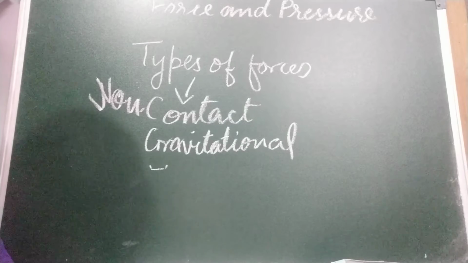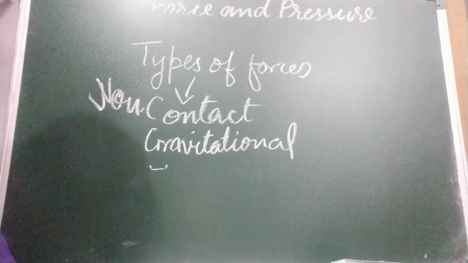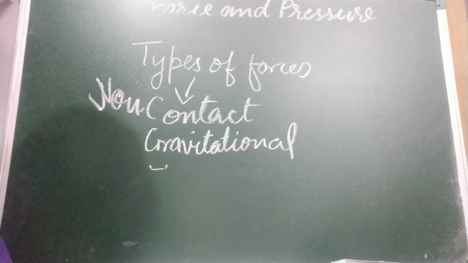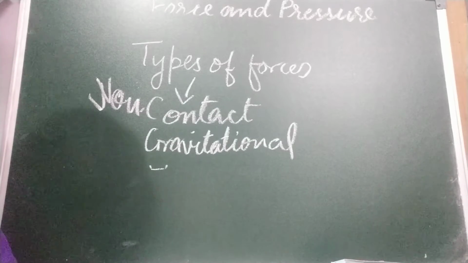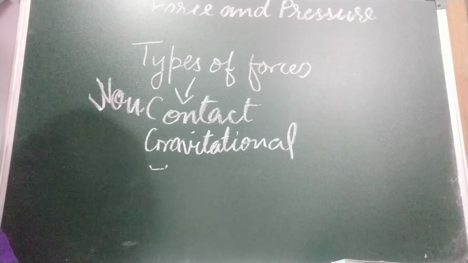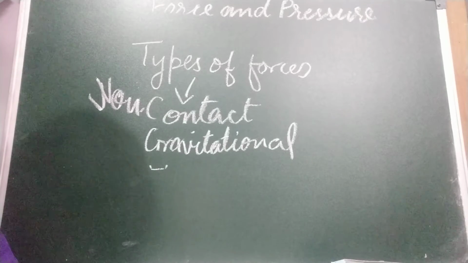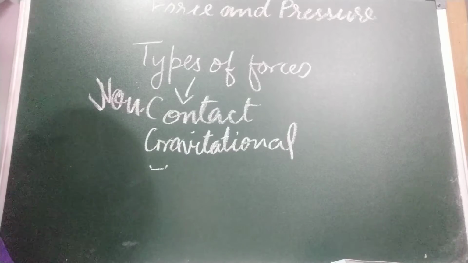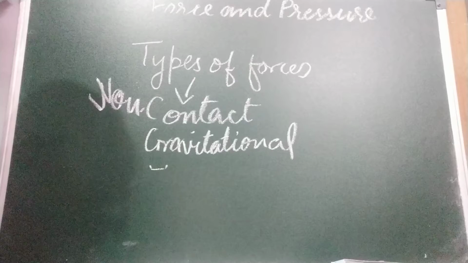Why? Because the earth has such a large mass. Objects on the earth are pulled towards the earth due to the gravitational force more than they are pulling each other. The earth pulls a car toward itself with a greater force than the force with which two cars are pulling each other.